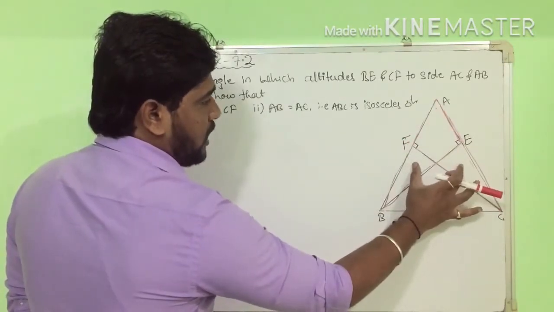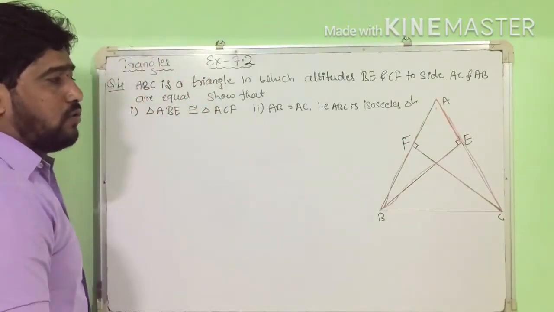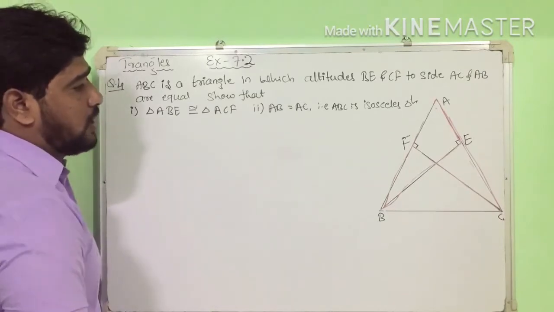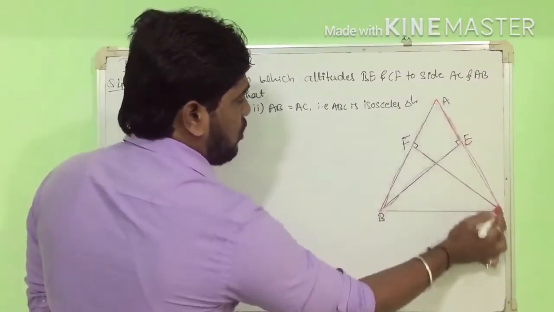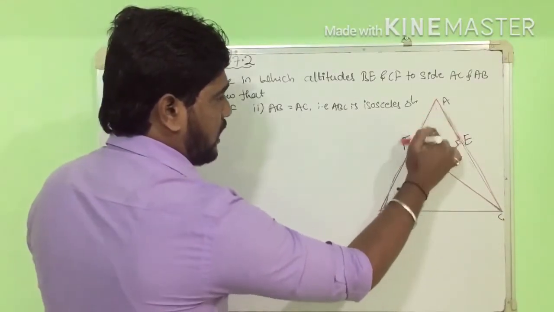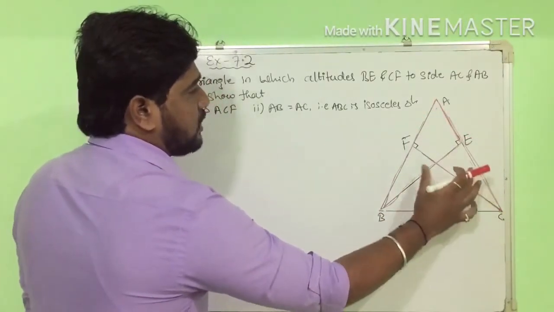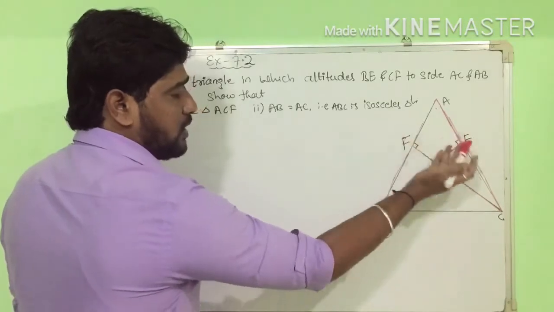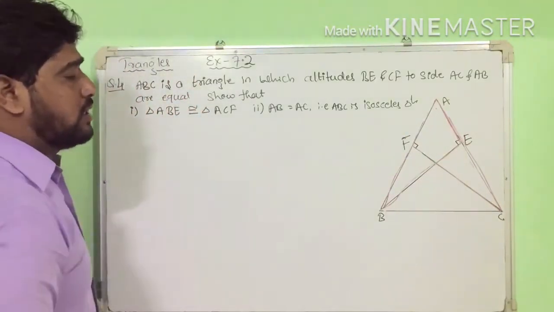So we want to show that these two triangles are congruent to each other. And the second one: we want to prove AB is equal to AC. If these two sides are equal, then ABC is isosceles.